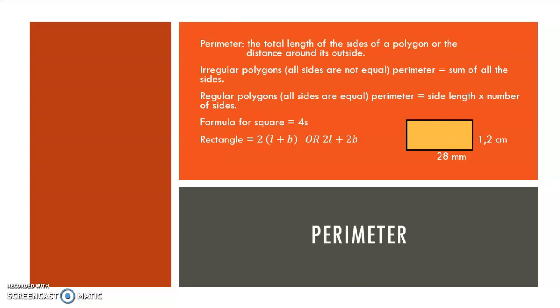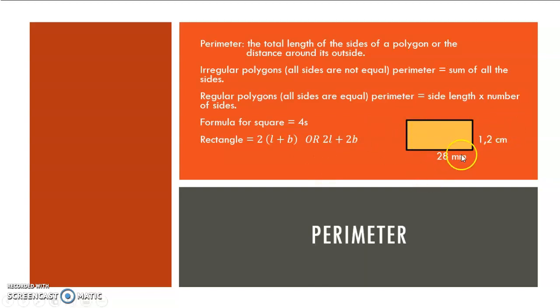A rectangle is an irregular polygon since its sides are not all equal, and it has a specific formula, which will be length plus breadth times 2, or you can say twice the length plus twice the breadth. They are both accepted.